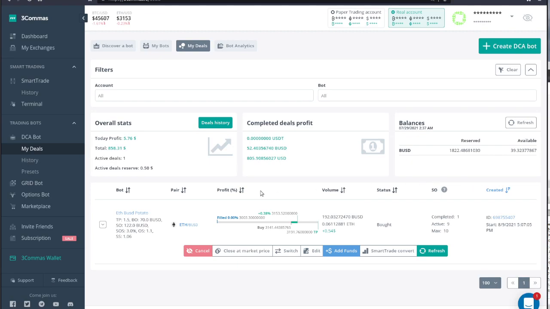And in actuality, we should keep a little BNB on the exchange to lower the fees. In fact, what I could do is put more money on the exchange and then have BNB as a trading pair. I'd have to set up another bot, but we could do that.